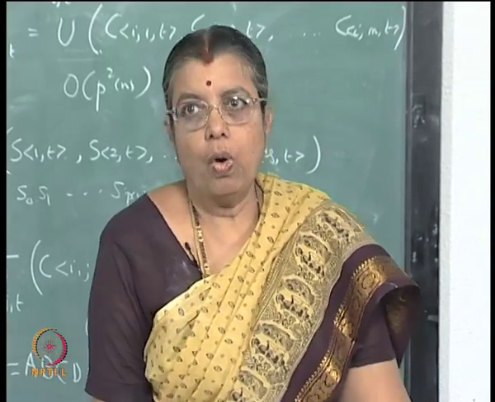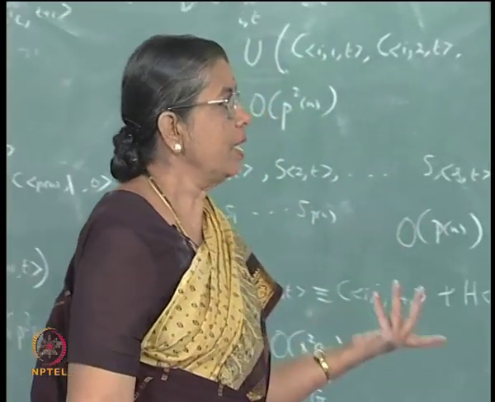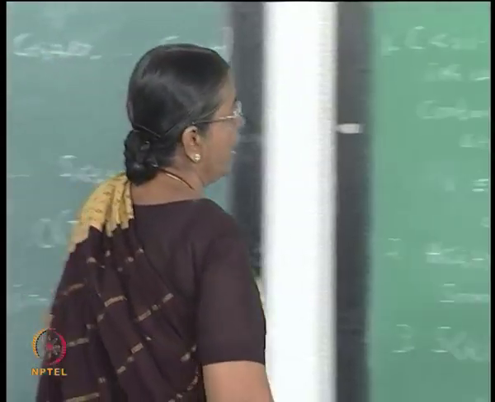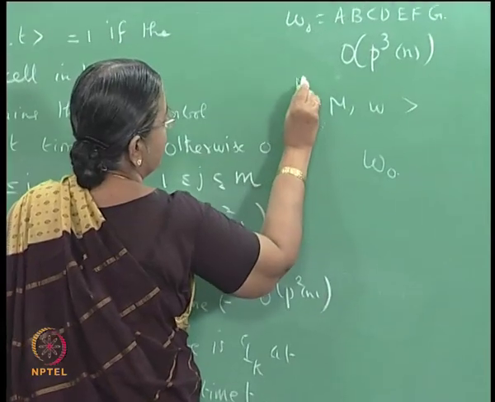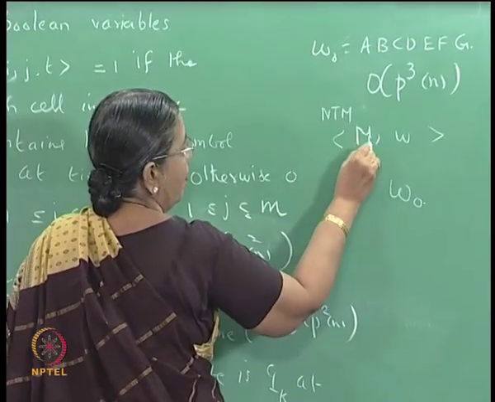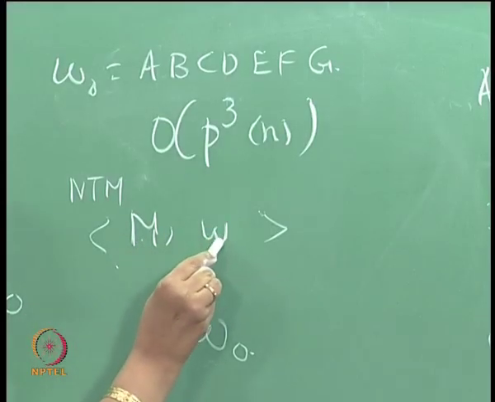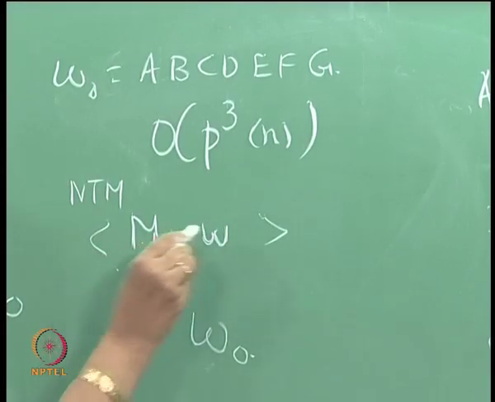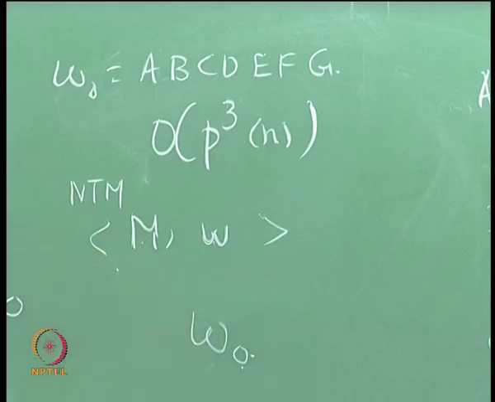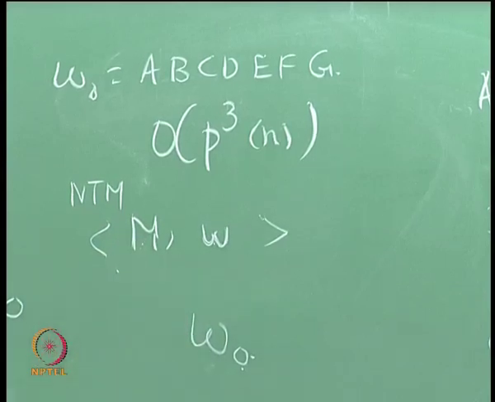Okay. So, if you take any non-deterministic Turing machine M, and the input is w, from this you can write w naught in deterministic polynomial time, right.